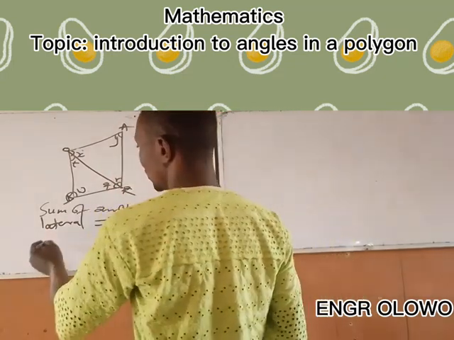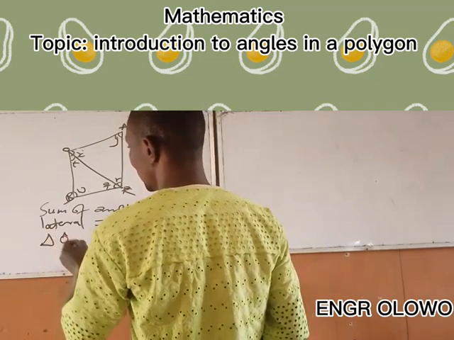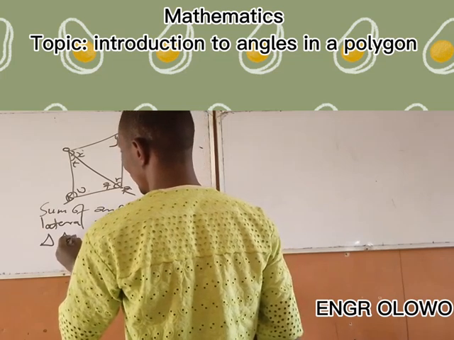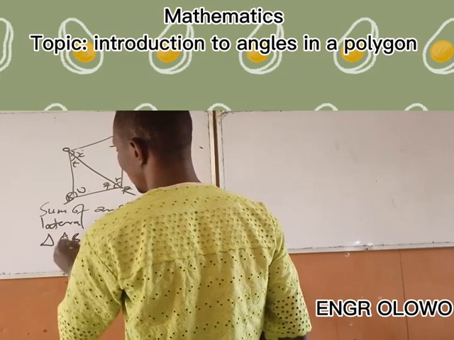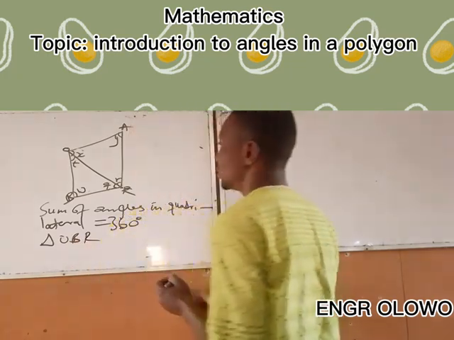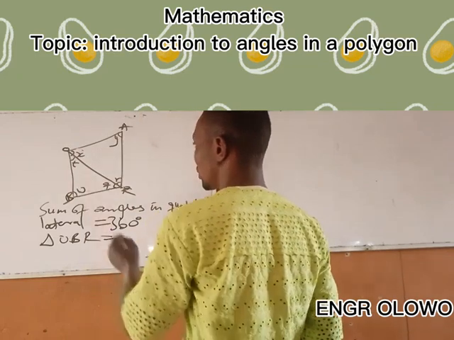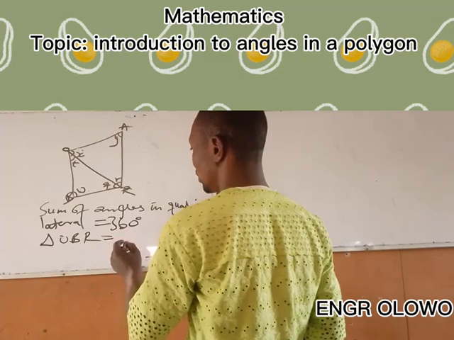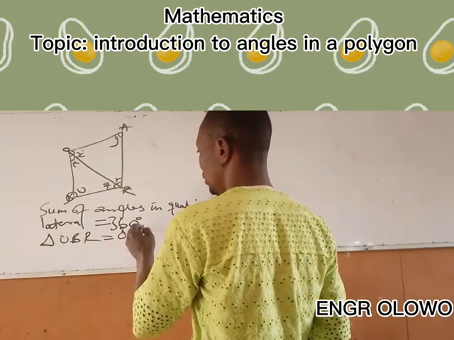Let me name this side with capital letter A, capital letter B. You can now see that this has formed two triangles. So we have triangle OBR.